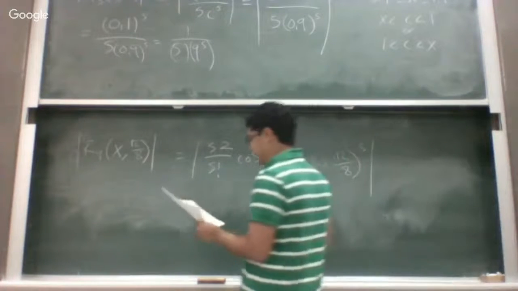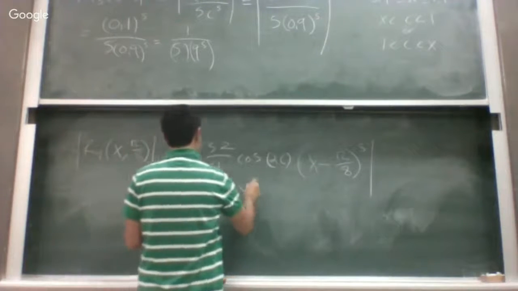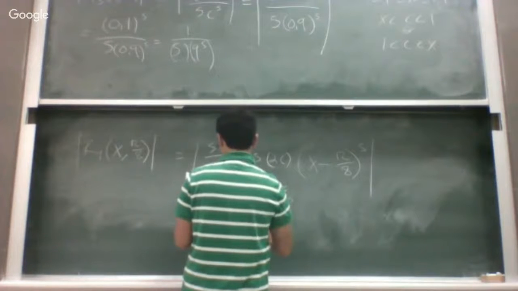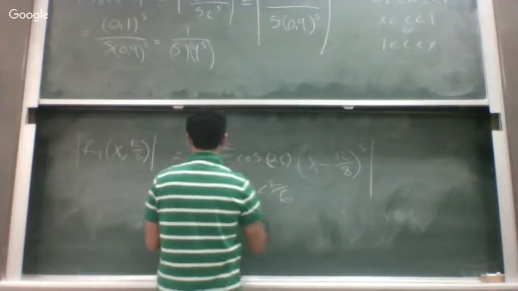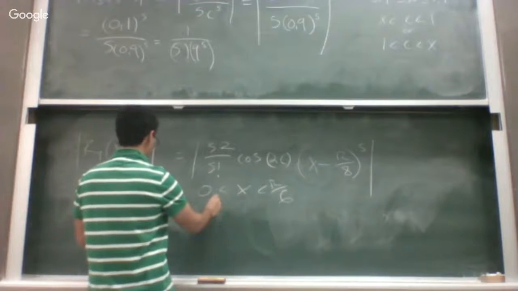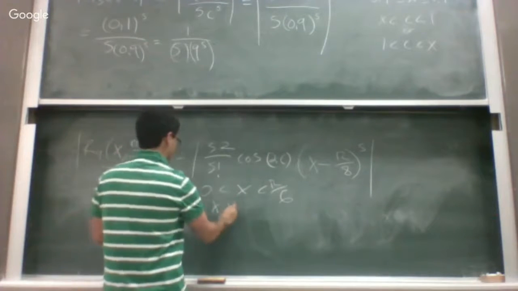We have 0 is less than x less than pi over 6. And our c value is between x and pi over 8.